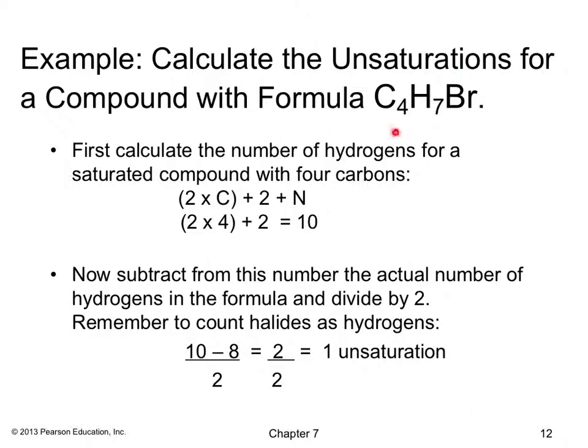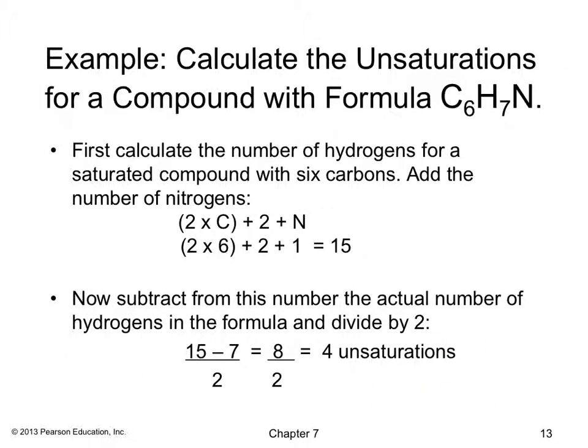So here's an example. First calculate the number of hydrogens for a saturated compound. In this case it would be 10. Then it's 10 minus 8 divided by 2. Again, you're counting the halide here as hydrogen. So it has 1 degree of unsaturation.